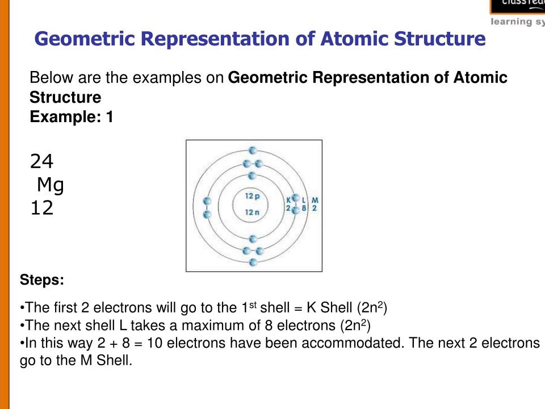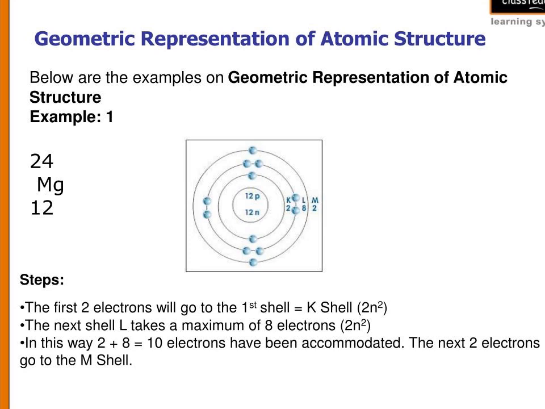First shell 2, next shell 8, total 10, 2 is extra. The 2 extra go to the M shell. K, L, M shells. The M shell has only 2 electrons. This is a geometric representation of atomic structure.